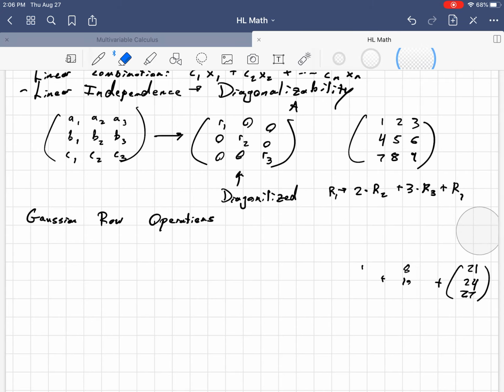And so why can we add linear combinations of any row to any other row and still not change the determinant of the matrix?